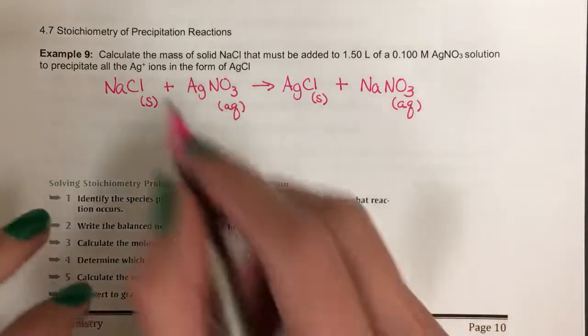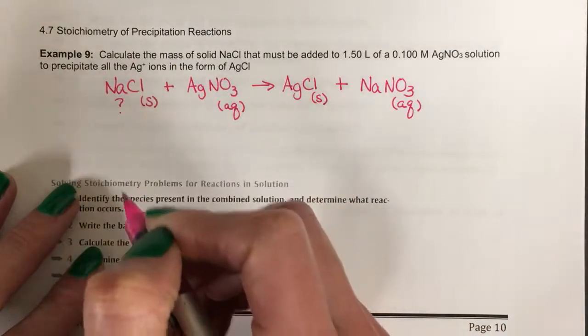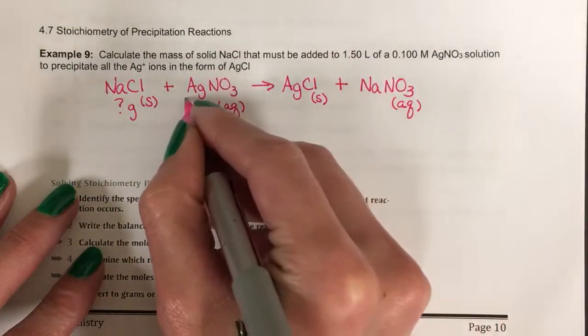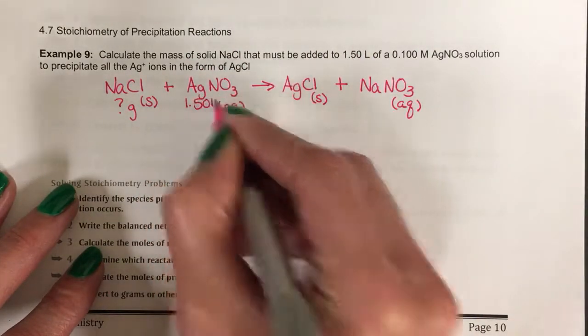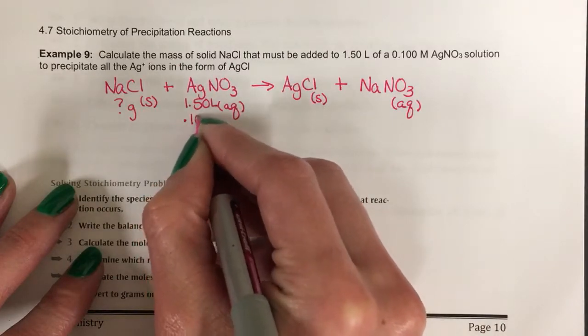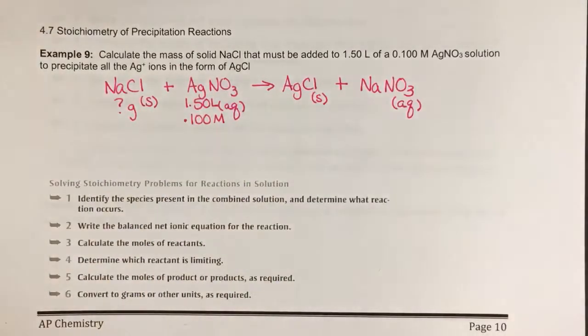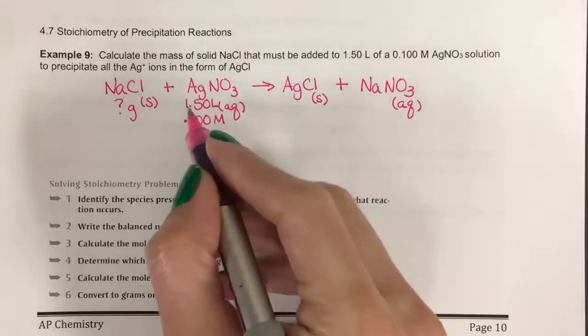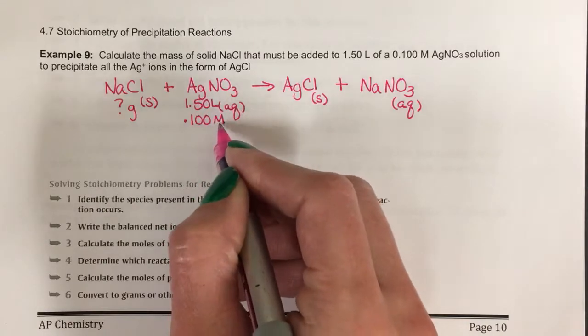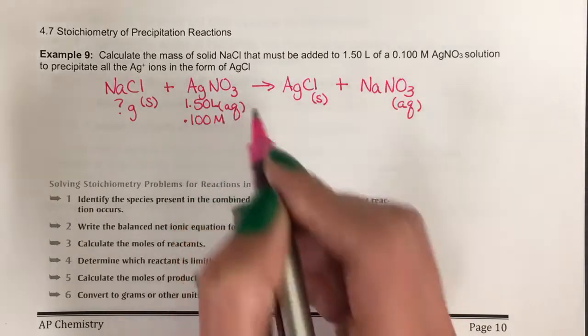Okay? So I'm trying to figure out how much NaCl I need in grams. I'm told that I have 1.50 liters and that the concentration is 0.100 molar AgNO3. Now, whenever I'm doing stoichiometry of precipitation reactions, step 1, I'm always going to take my liters of my reactant and multiply it by molarity to change it to moles.